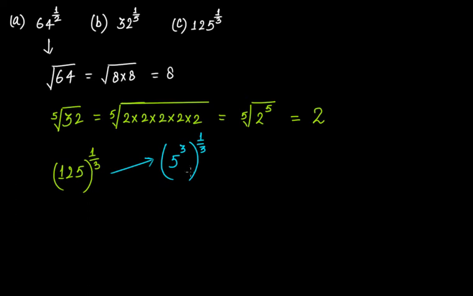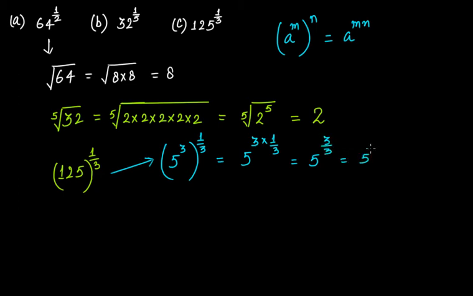So this uses the law of exponents, that is, if a raised to power of m whole raised to power of n, then it is equal to a raised to power of m multiplied by n. So in this case, m is 3, n is 1 by 3. So this becomes 5 raised to power of 3 multiplied by 1 by 3. That is 5 raised to power of 3 by 3. That is 5 raised to power of 1. That is equal to 5.